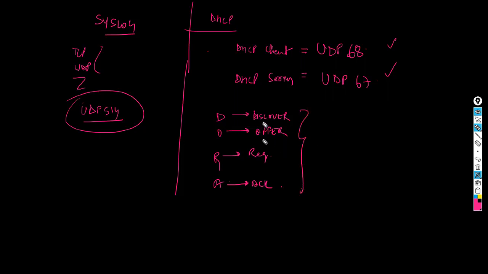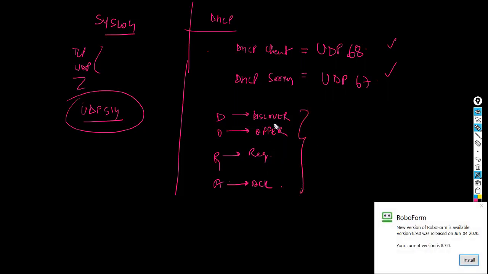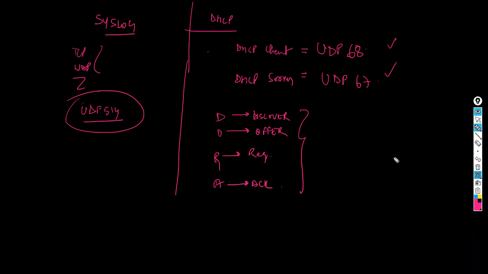What type of communication method is this process going to use? Let me make it simpler. Is it going to be unicast? Broadcast. Okay, so all of the four, or first two, or last two, or all of them? The beginning would be discover, which would be a broadcast.